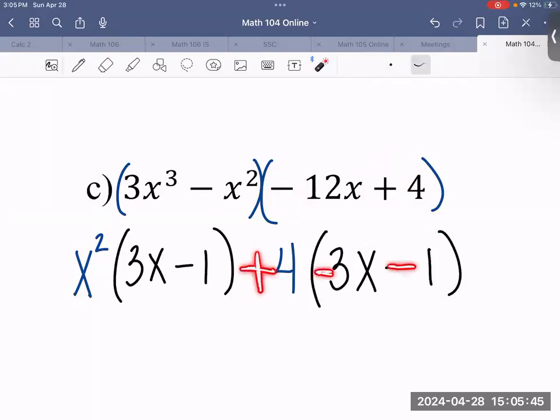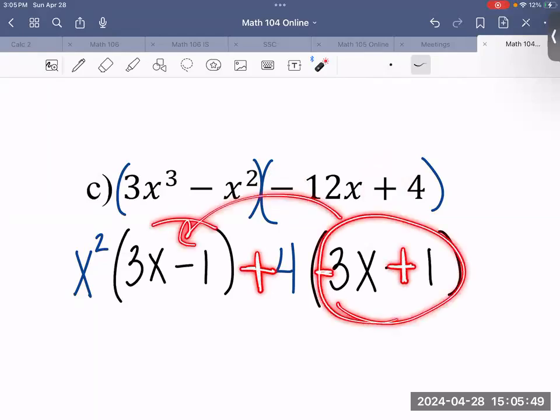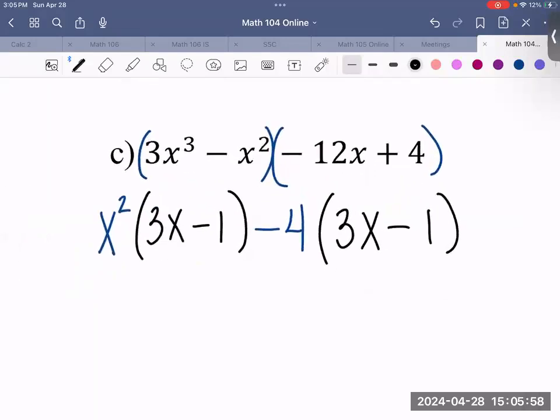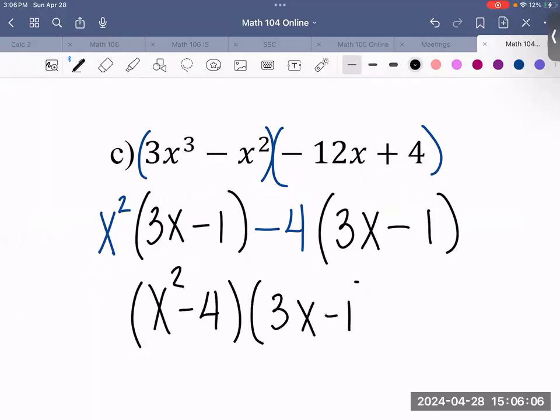That just changes your signs here, which notice how close these two values are. We just need your signs to match, which then factoring out the negative. I just realized I made a mistake. I need to stop making videos today. So now we have x squared minus 4 and 3x minus 1.